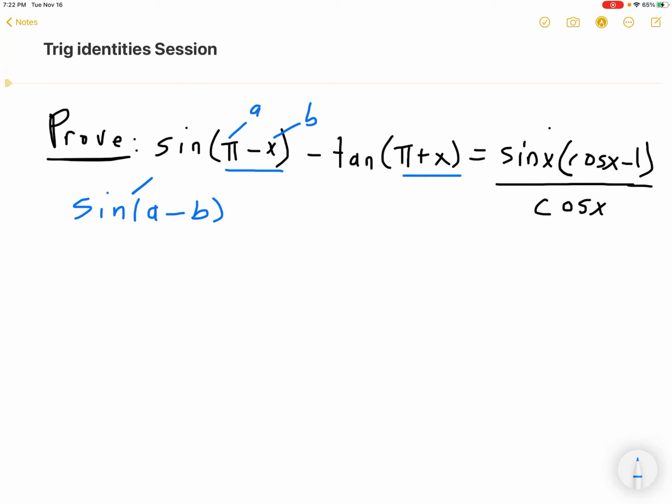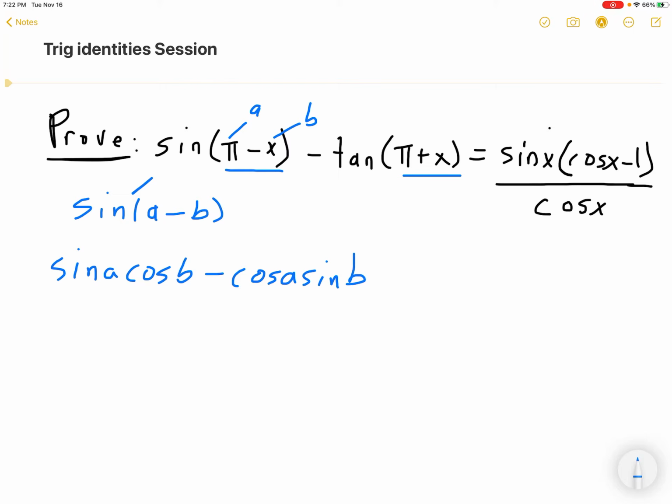And so this identity breaks down as follows. Sine a minus b is equal to sine a cos b minus cos a sine b.